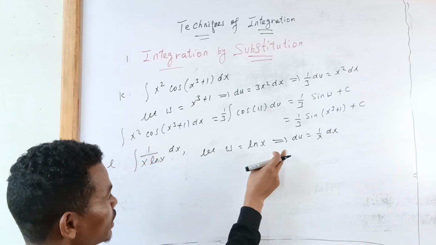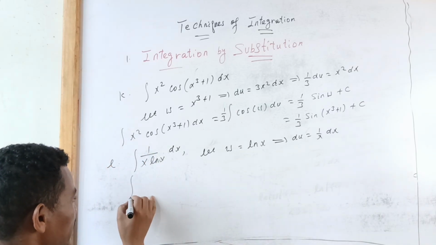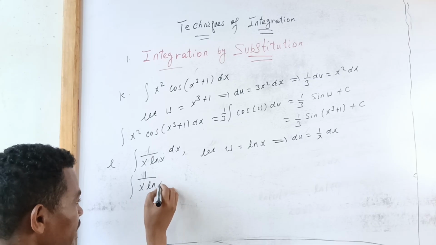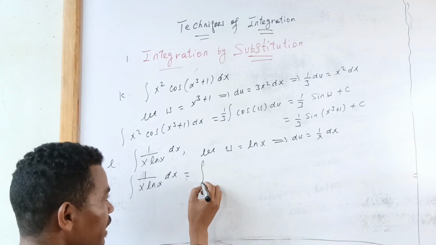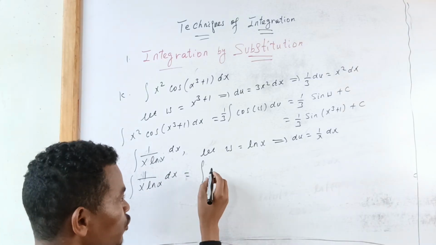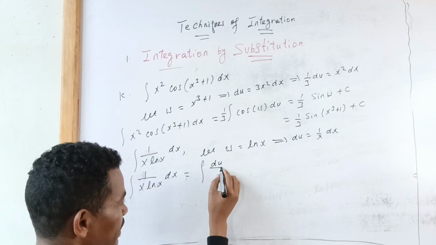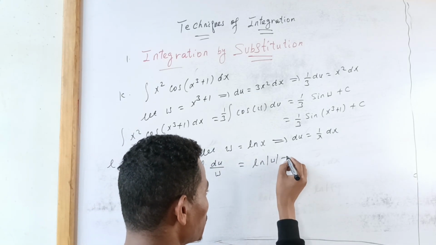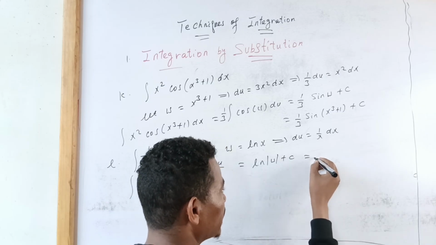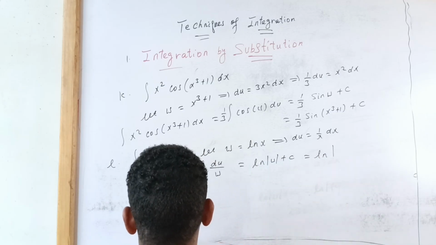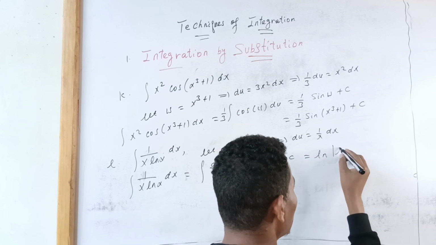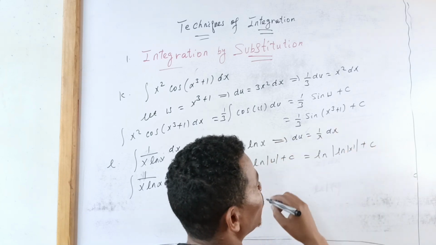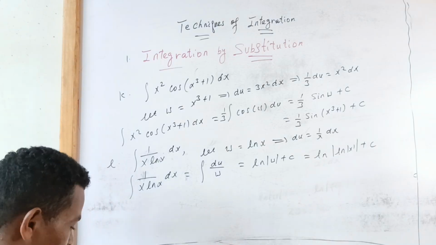That is, the integration of 1 over x ln x dx is equal to the integration of 1 over x dx, which is du, and ln x is u. This is equal to ln absolute value of u plus c. That is ln absolute value of x plus any constant number c.